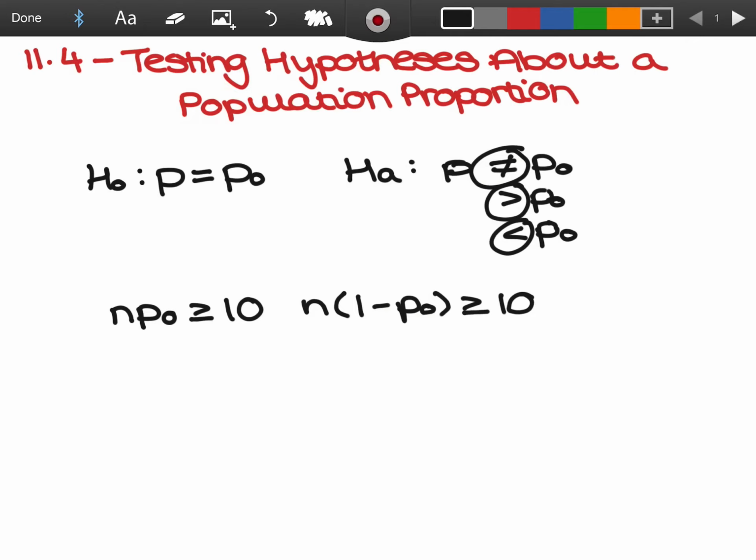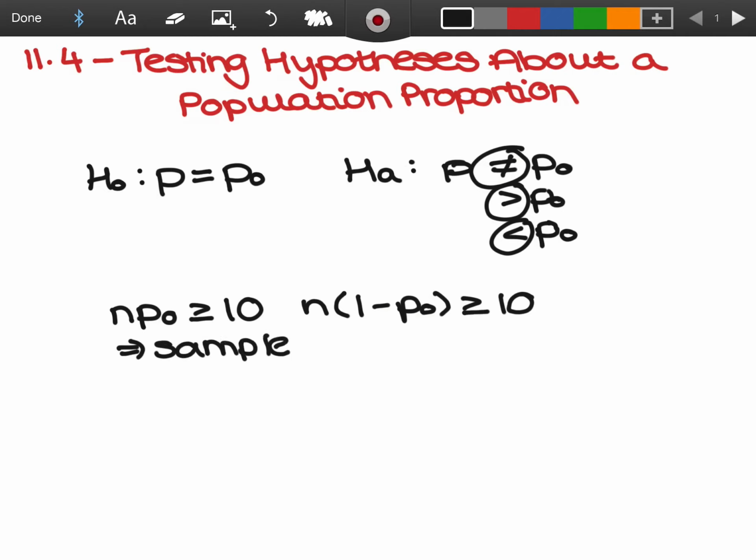So as we had before when we dealt with means, we either had to have a normally distributed population or you had to have a sample size that was at least 30. Now we have these two conditions when we deal with proportions instead of means, okay? You shouldn't have to worry about this too much. They don't tend to bring this up. It's just something to be aware of, okay? But what this allows you to do, these two conditions, it allows you to say that the sample proportions are normally distributed.